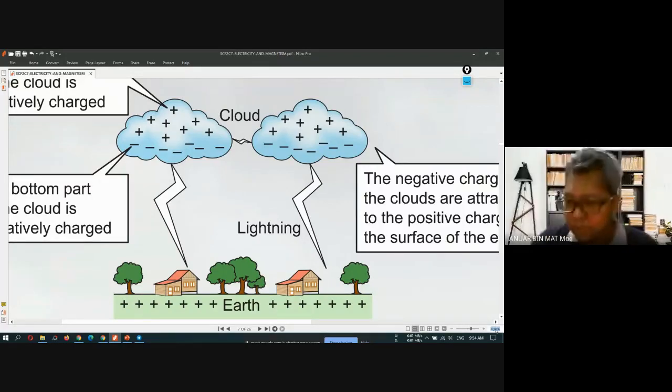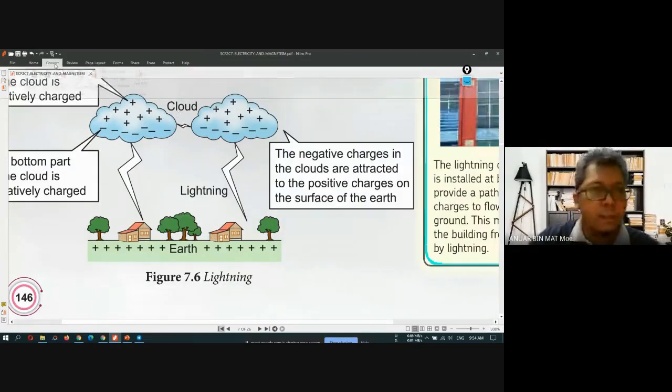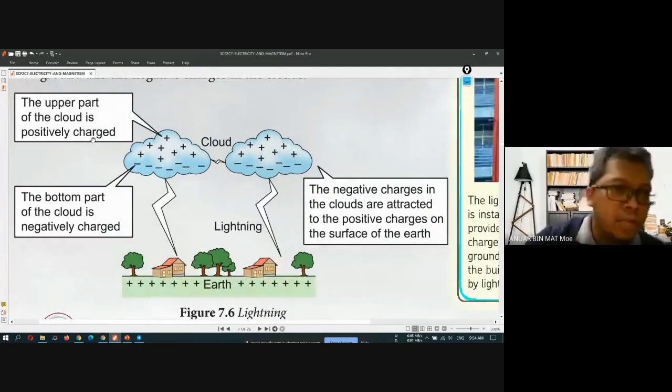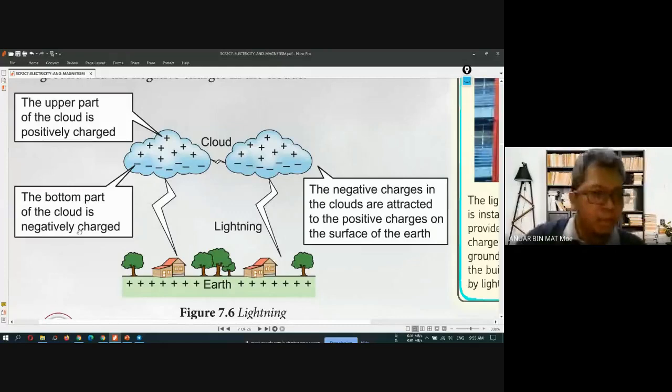The upper part of the cloud is positively charged, and the bottom part of the cloud is negatively charged. So the negative charges in the cloud are attracted to the positive charges on the surface of the Earth.